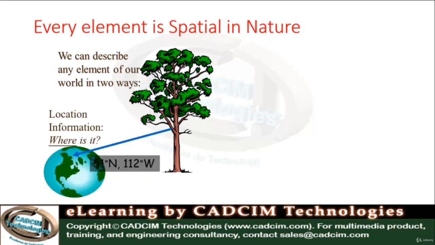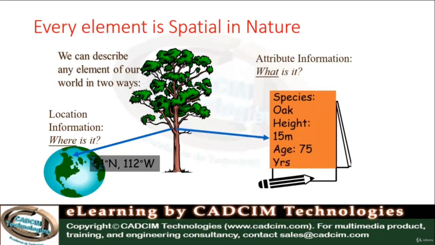First is locational information. In this we'll find the coordinates, that is the latitude and longitude address of the tree. Basically, we'll find where the tree is located. And the second way to describe any element of our world is the attribute information, that is the species, height, age of the tree. The attribute information is in tabular form in GIS.